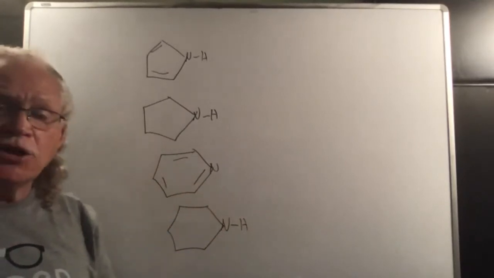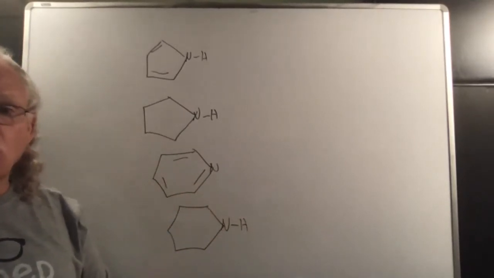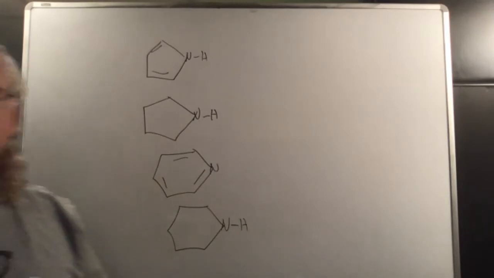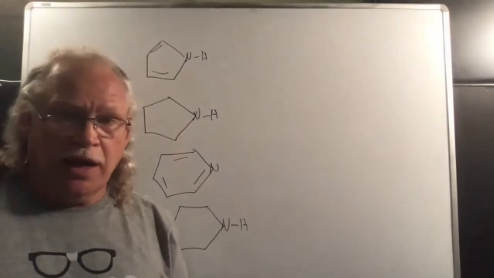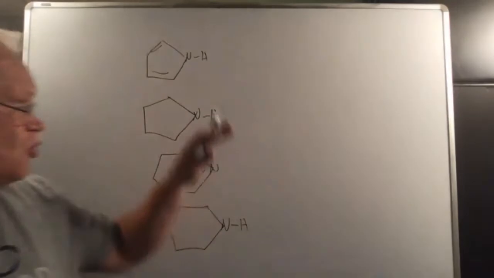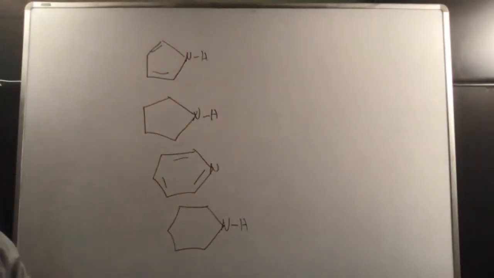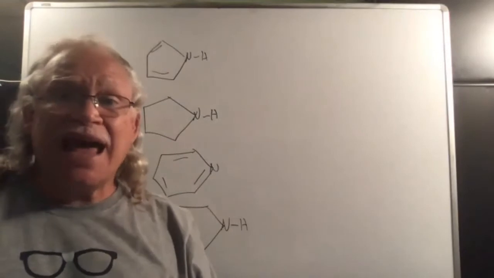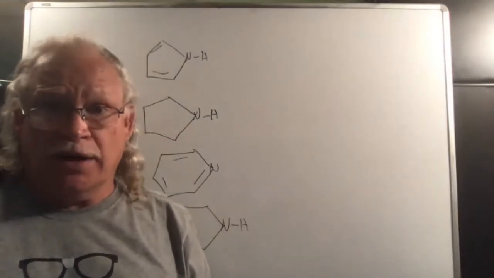And I'm going to ask you on the test, which one of these compounds is most basic? Which one is least basic? Okay? Now, let me ask a question. Do you agree that on each one of these nitrogens there is a lone pair? That's the first question. The second question is, does the lone pair go inside the ring or outside the ring?